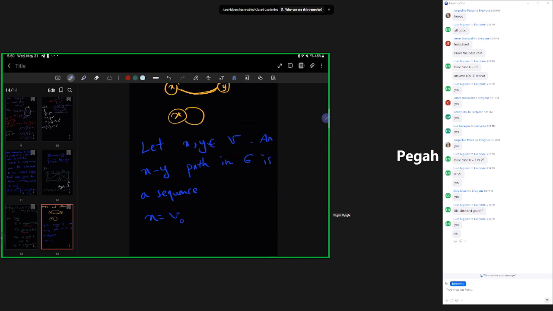They start with V0, go to V1, then V2, and go all the way to VK and then reach Y. So this is the sequence of vertices in which all VI and VI plus 1 are going to be in the definition of edges.